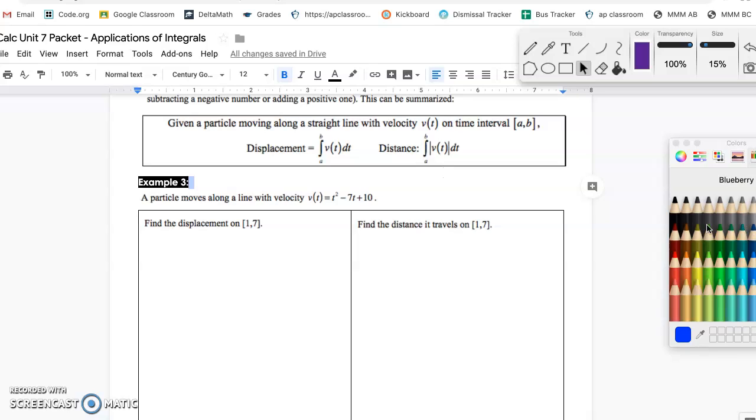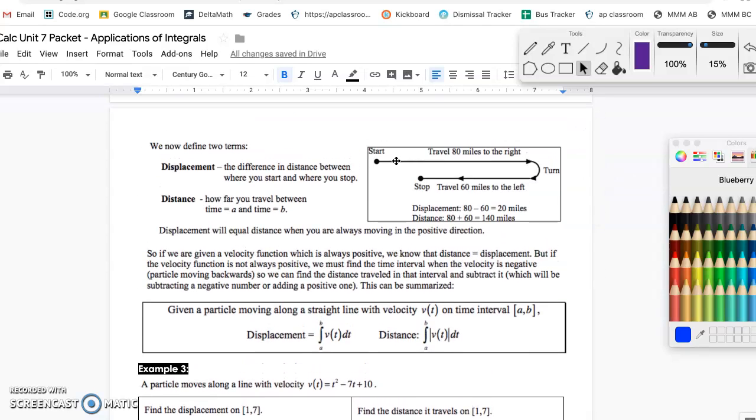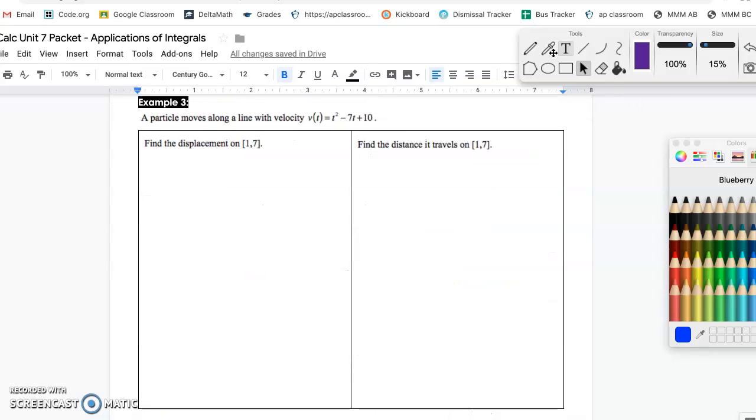So this makes sense because distance is the total amount traveled, so there shouldn't be anything negative there, compared to displacement, which is just finding the distance from the start point to the stop point.